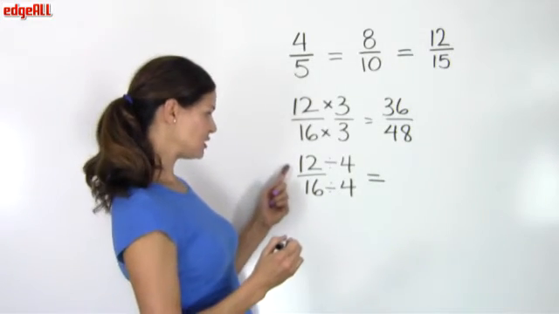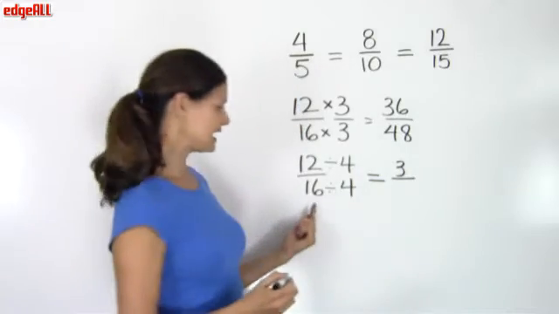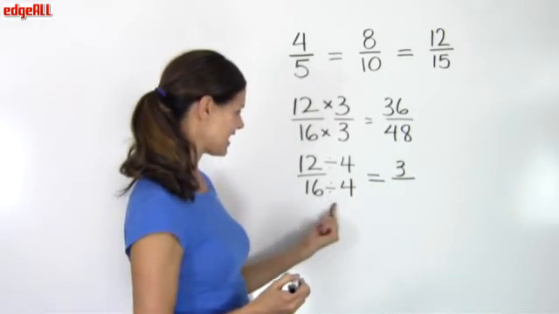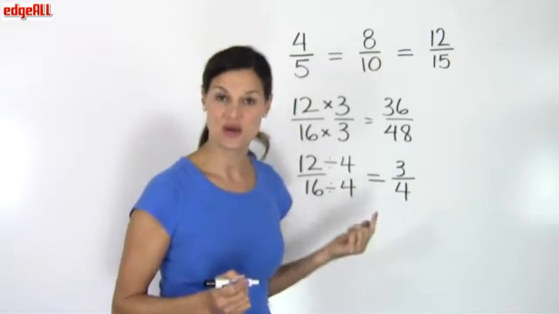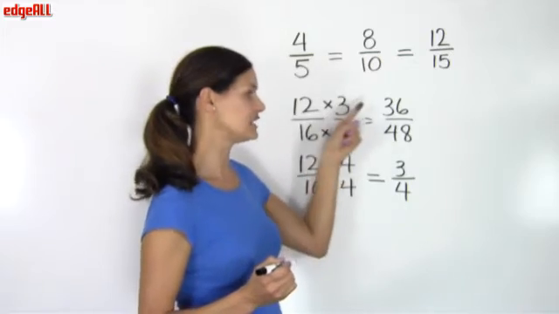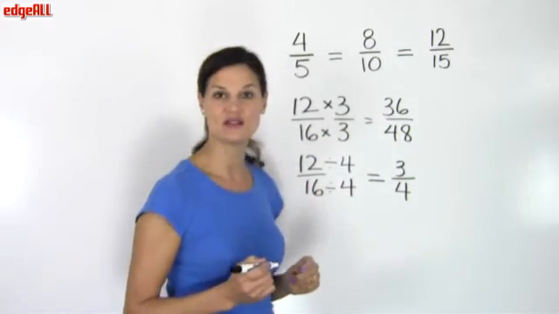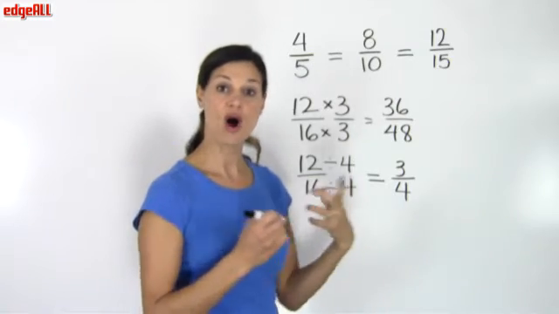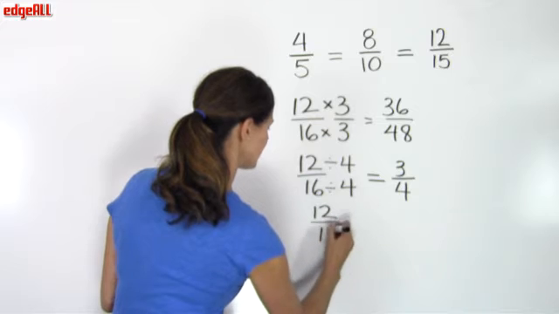So I do my numerator, 12 divided by 4 equals 3, and in my denominator, 16 divided by 4 equals 4. And I now have another equivalent fraction. 12/16 is equivalent to 36/48, and 12/16 is also equivalent to 3/4. So all three of these fractions are equivalent fractions.